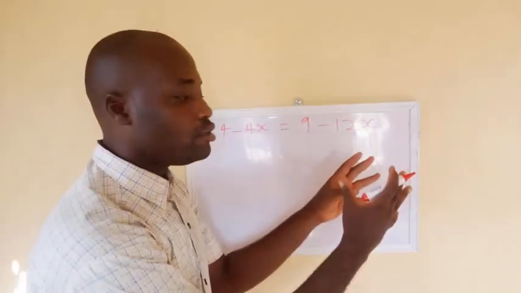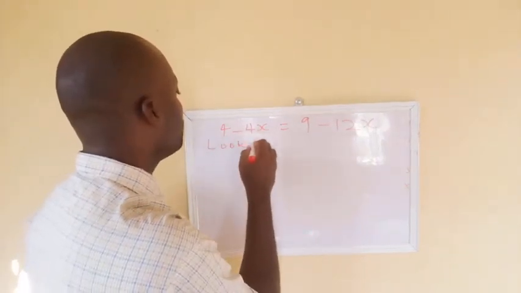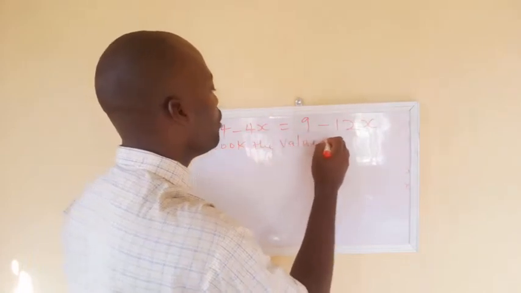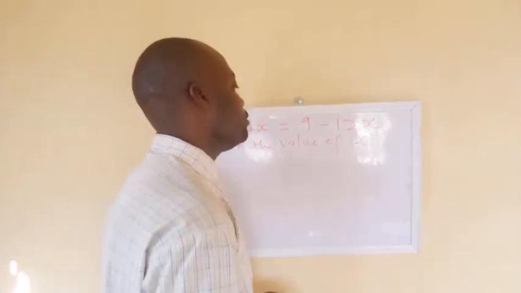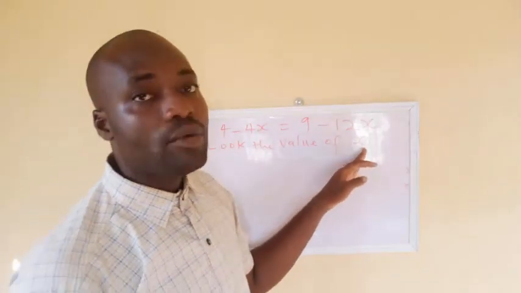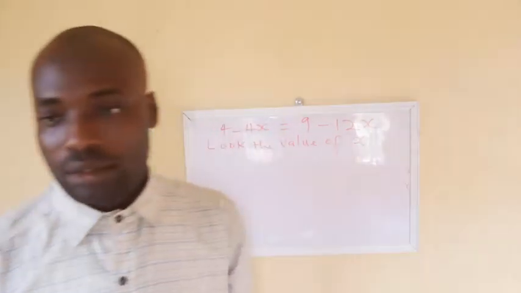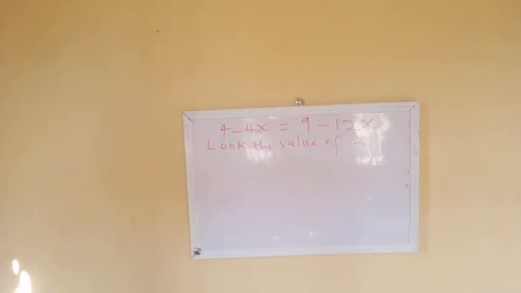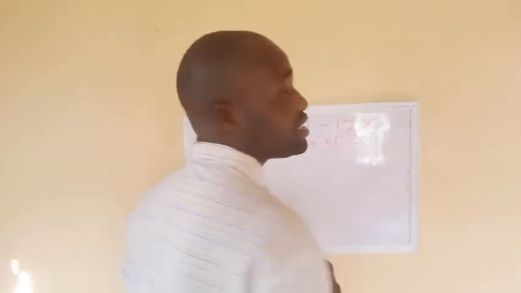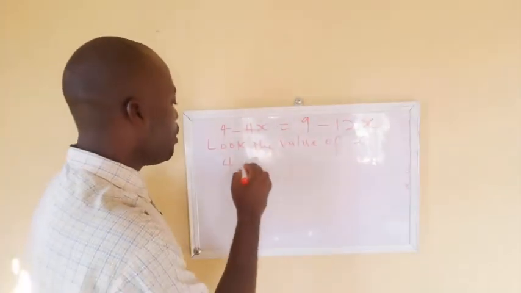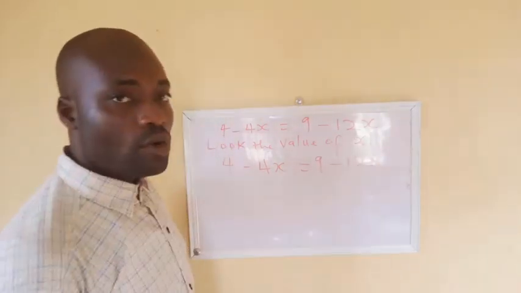The only thing we can do in this case is to look for the value of x, and x is a variable, not just a variable, it is also an unknown. So to look for the value of x, we have to collect the like terms. 4 minus 4x equals 9 minus 12x.